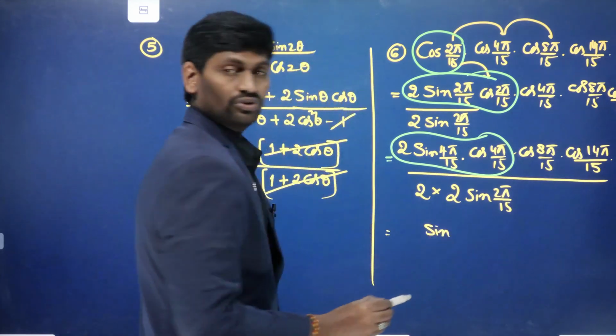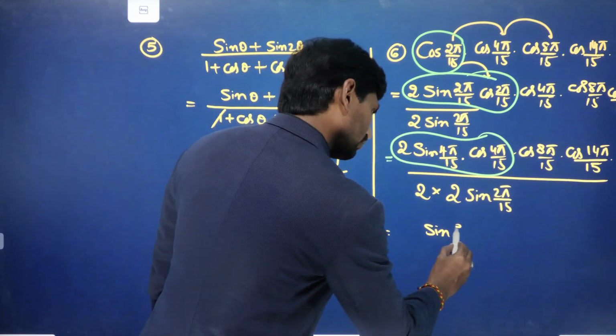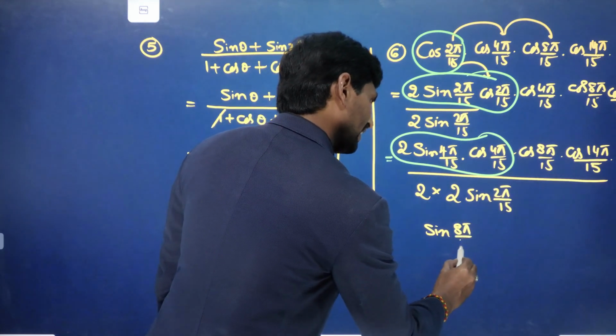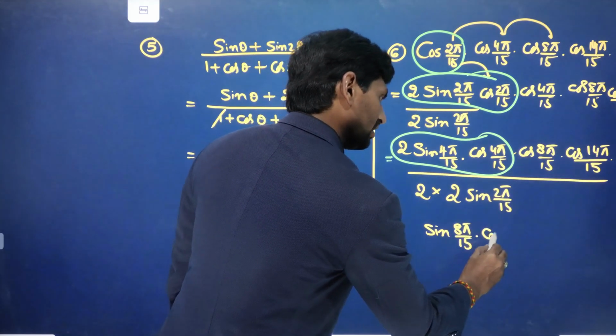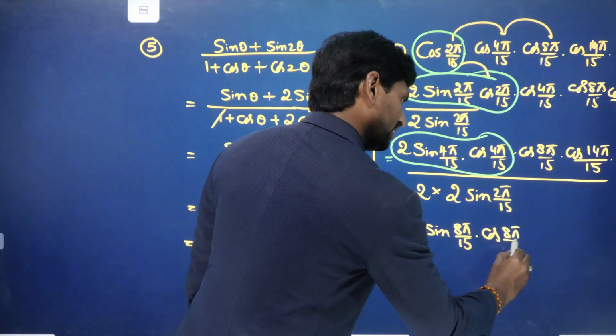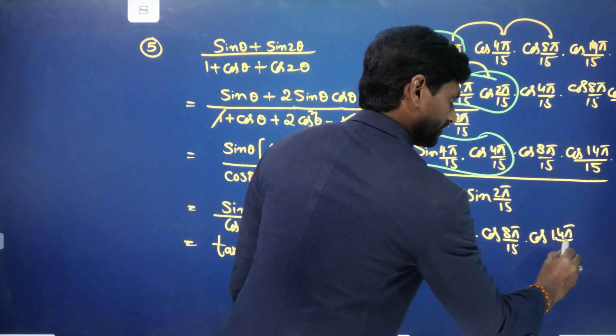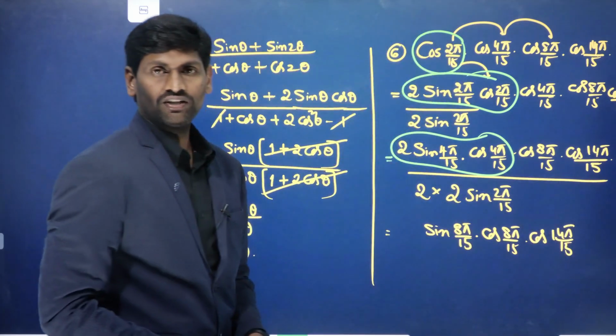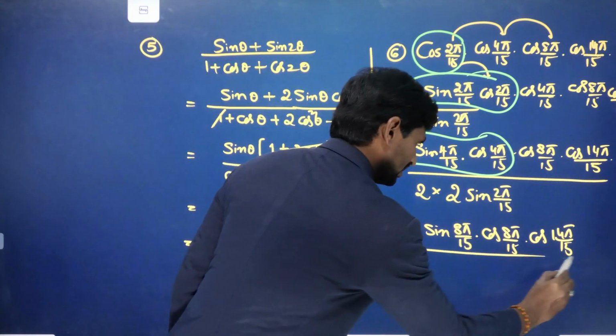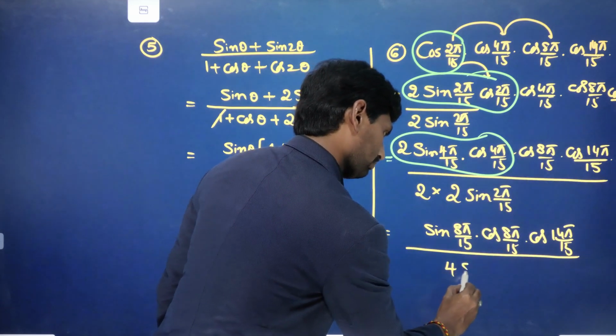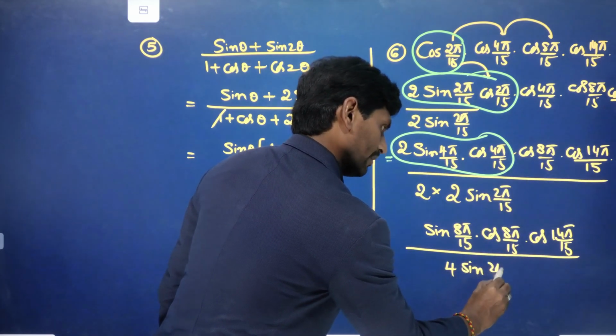Sin 2 into theta value 4 pi, 2 into 4 pi is 8 pi, so sin 8 pi by 15, also cos 8 pi by 15, last cos 14 pi by 15. So the denominator is 2 into 2, 4 sin 2 pi by 15.